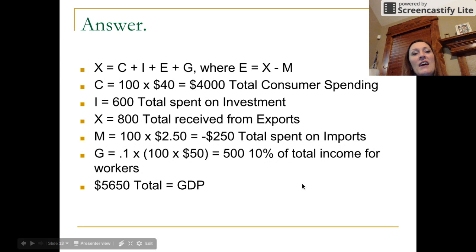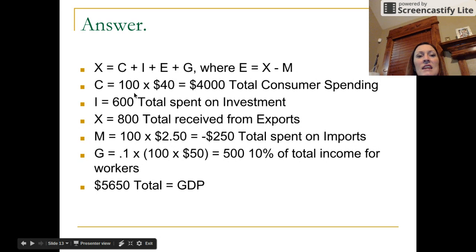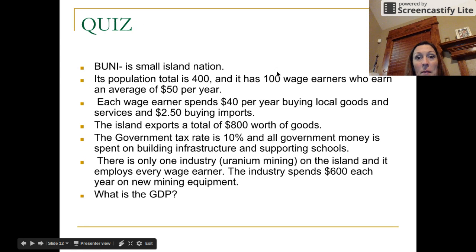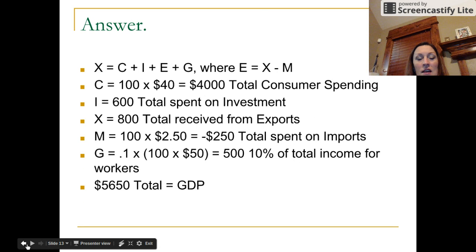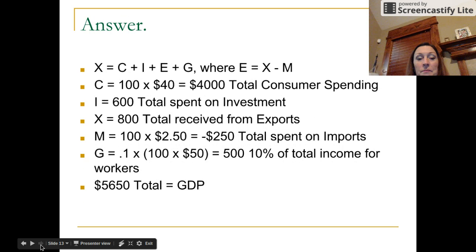Here's the answer. X equals C plus I plus E plus G, where E equals X minus M. C is 100 times 40, which equals 4,000 in total consumer spending. So if you look back, remember that there's 100 wage earners, and they're earning $50 a year. And then remember the 40 came from how much each wage earner spends buying local goods.